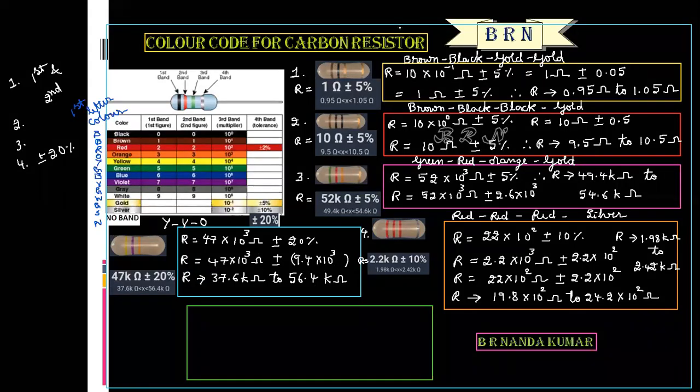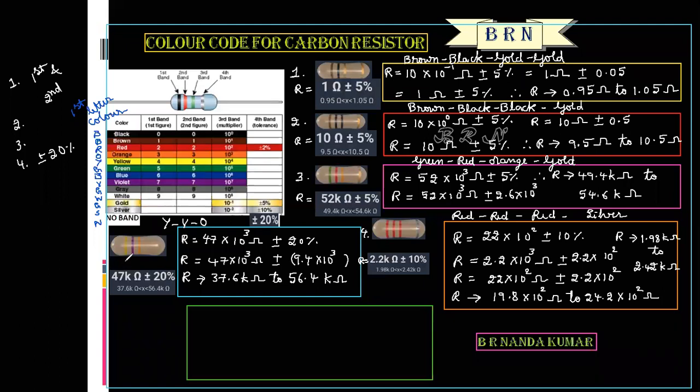Okay. So the value of R is 47 kilo ohm plus or minus 20%. The resistance range is 37.6 kilo ohm to 56.4 kilo ohm.